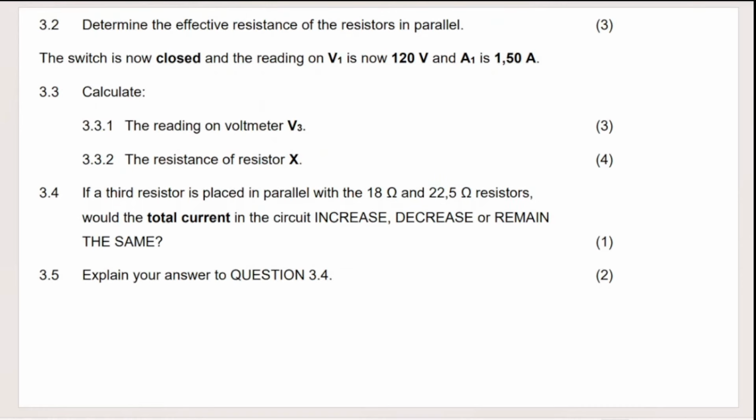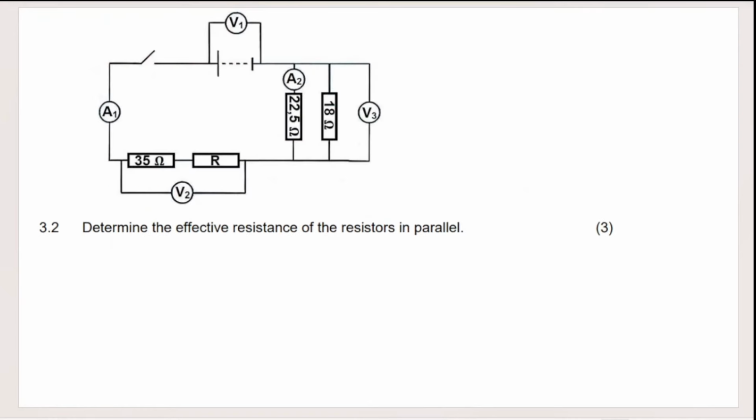First question, determine the effective resistance of the resistors in parallel. And then they close the switch and give us a bunch of readings. So let's first do the effective resistance in parallel. We go 1 over RP equals 1 over R1 plus 1 over R2. R1 is 22,5.